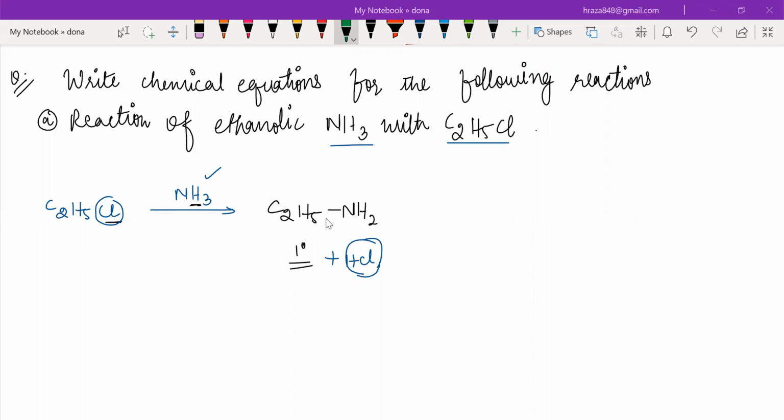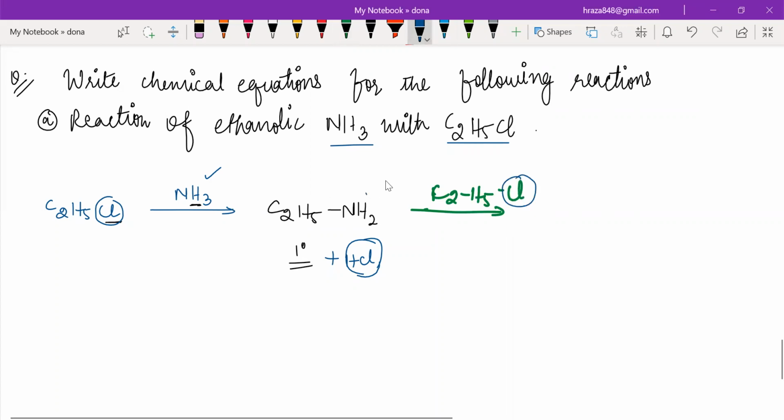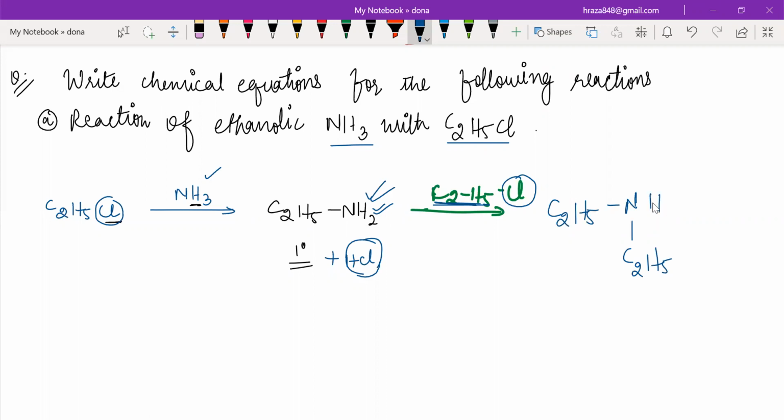Yes, sir. Now, again, you have to react this with C2H5Cl. Again, this chlorine will take one of the hydrogens, and the C2H5 will replace the hydrogen. Now you will get C2H5NH C2H5, with one hydrogen left there, and the byproduct HCl.